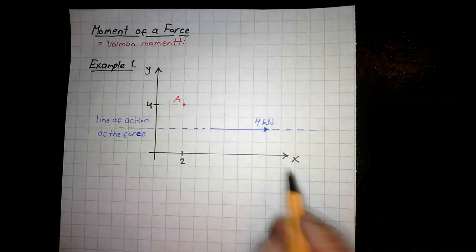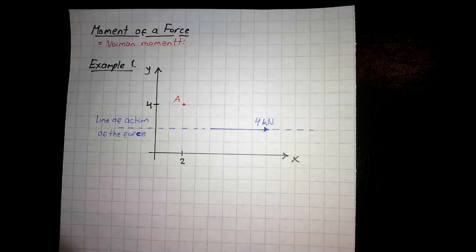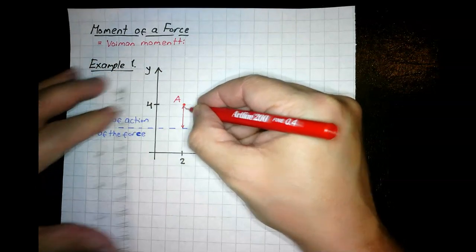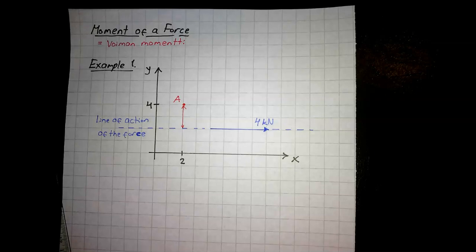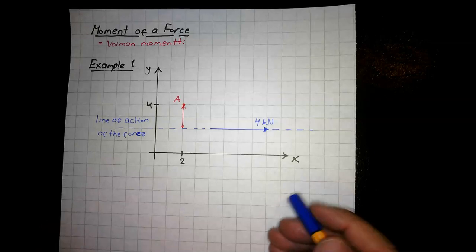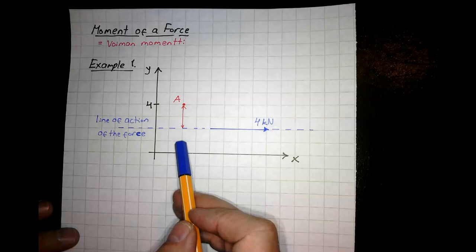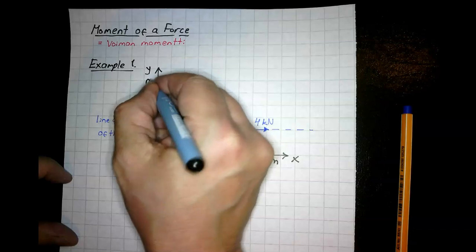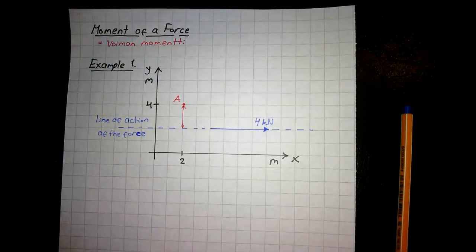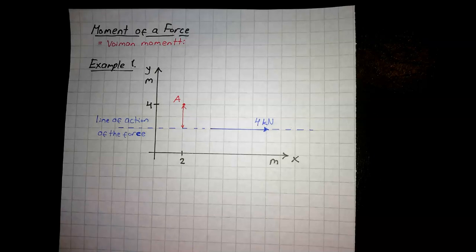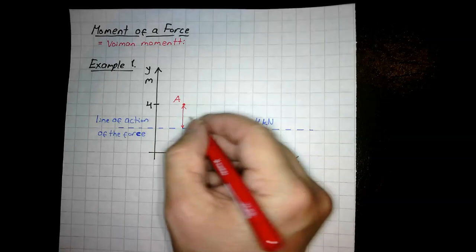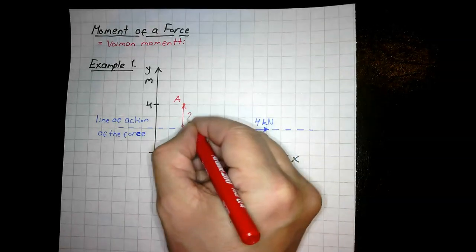And the shortest distance from this line to the point A is this here. And if these coordinate axes here are in meters, we can see that the distance from the line of action of the force to the point A is, in this picture, 2 meters.